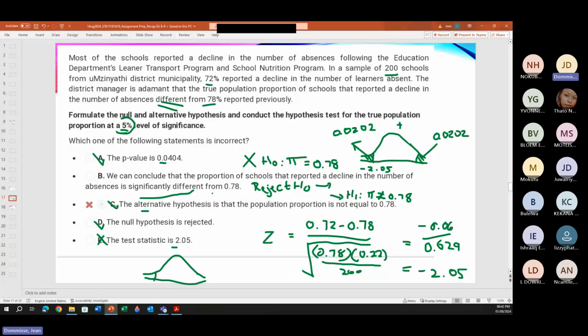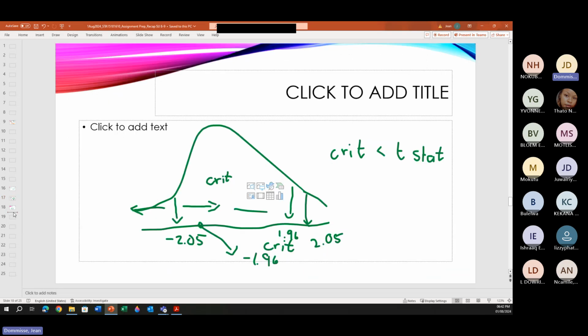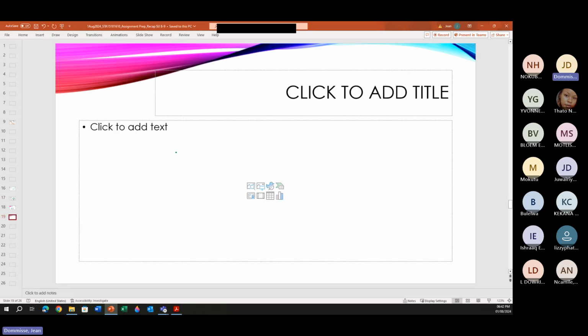Okay, so that is the one thing out of hypothesis testing that is very important: when we reject the null hypothesis, that means that we accept the alternative.